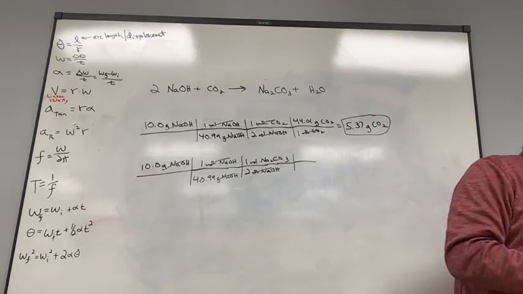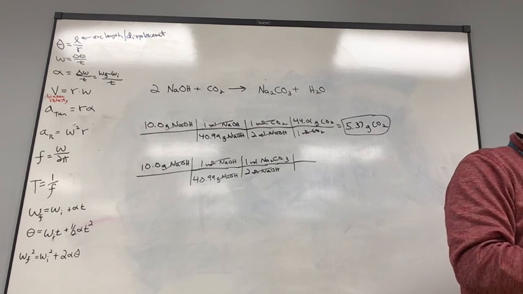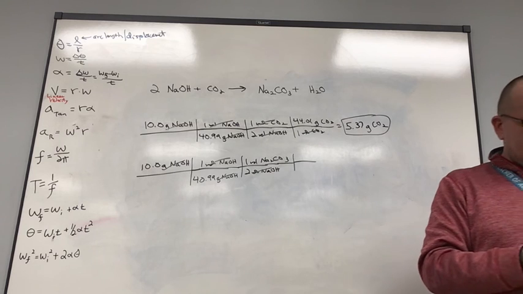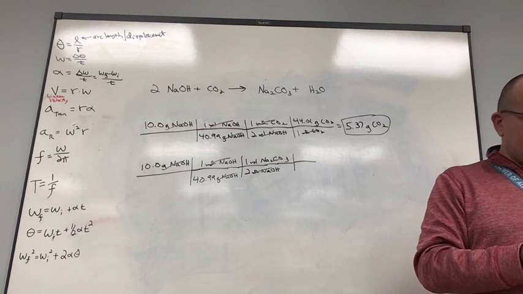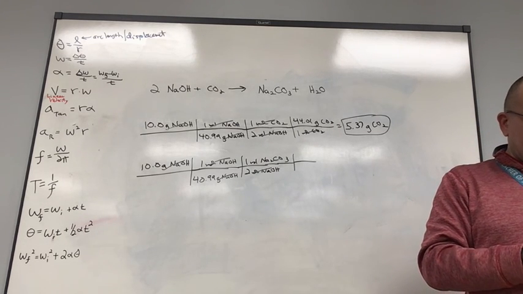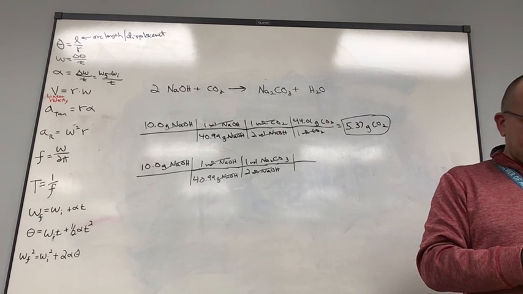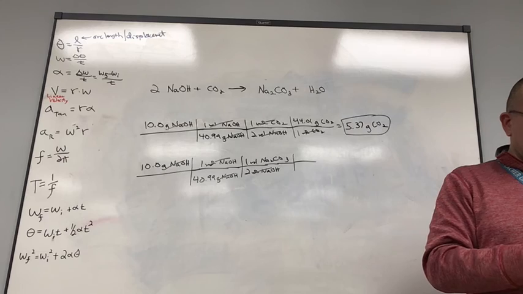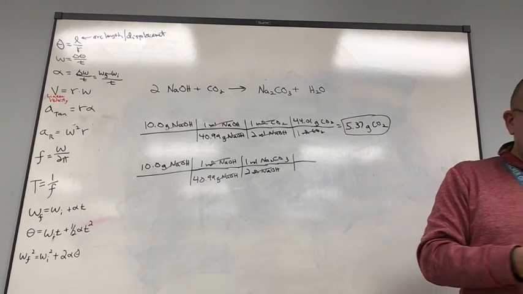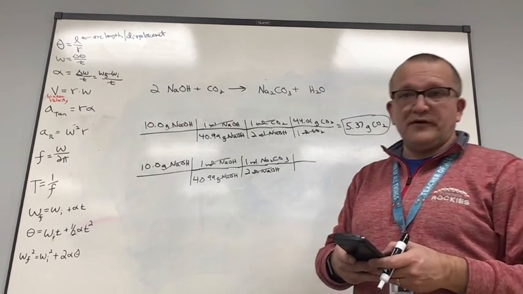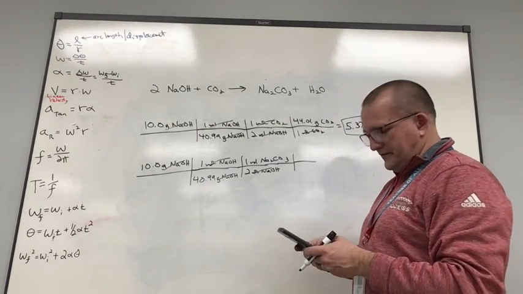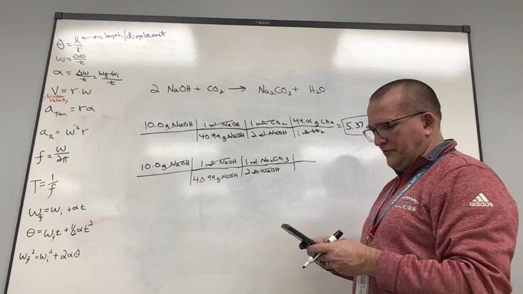So molar mass of Na2CO3, 22.99 times 2 plus C, which is 12.01, plus the 16 times 3. Try again. 22.99 times 2 is 45.98, so that's the mass of sodium. We add to that the mass of carbon, 12.01.